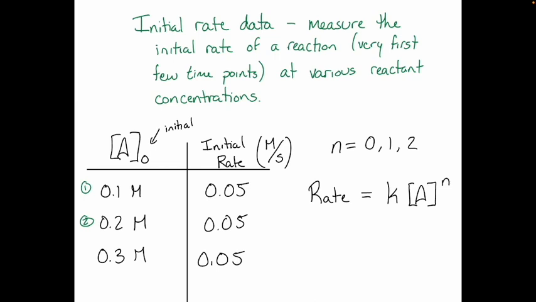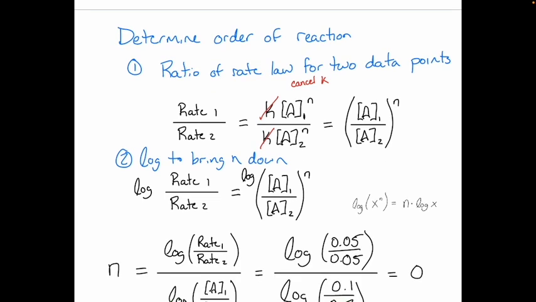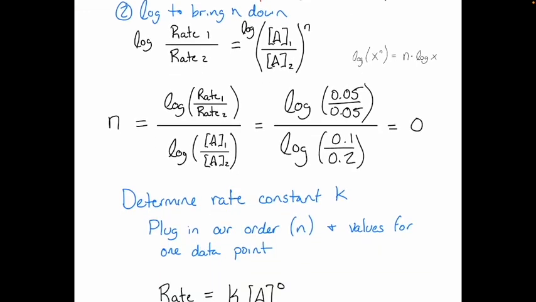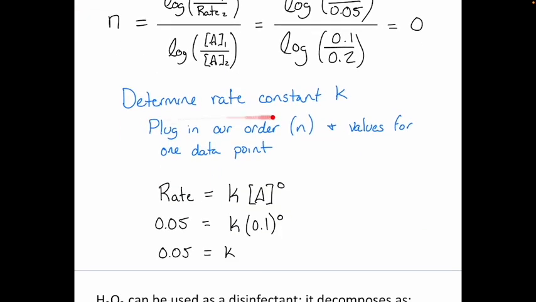The goal is to find the order of this reaction and the rate constant. In order to get the order, we have to do a little bit of a special trick where we take the ratio of two data points, then we get our order, and once we get our order, we can determine the value of K by just plugging in the information from just one data point.